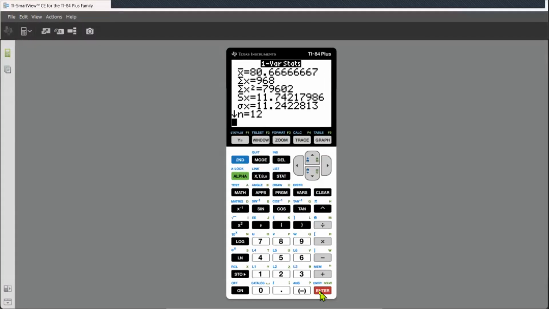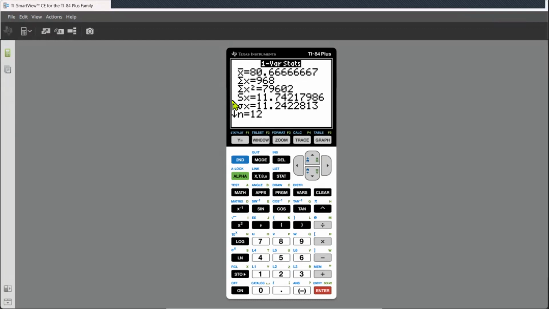What you're going to look for is X bar up there, which is your sample mean. So you're going to write that down. X bar is 80.6667. Then you're going to look for Sx, not sigma. This was a sample of values.